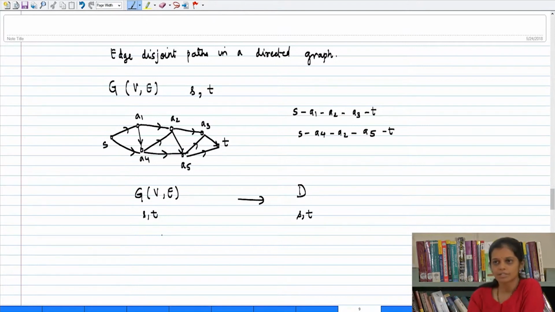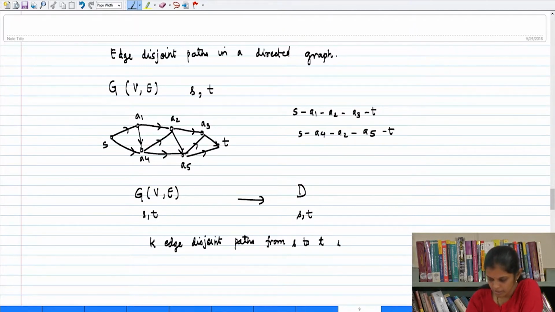Okay, so let us do the simpler direction first again, that is, suppose we had k edge disjoint paths from S to T in G. I would want to show a flow of value k in this flow network.